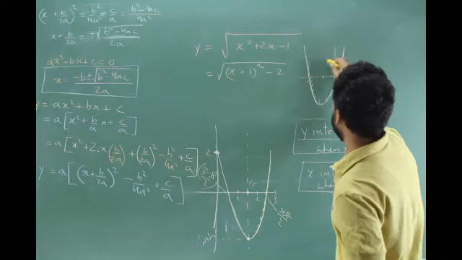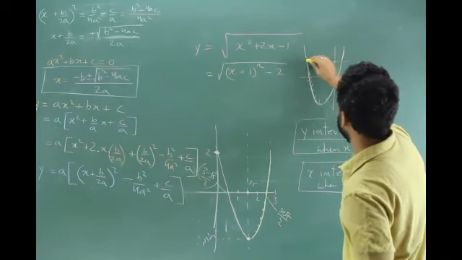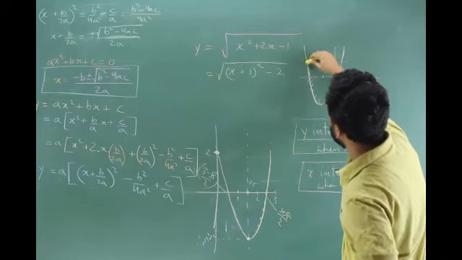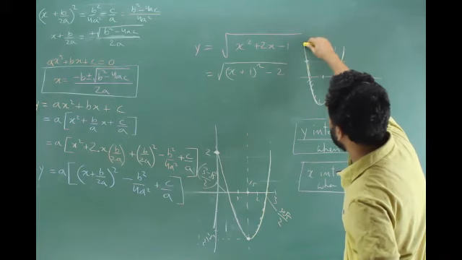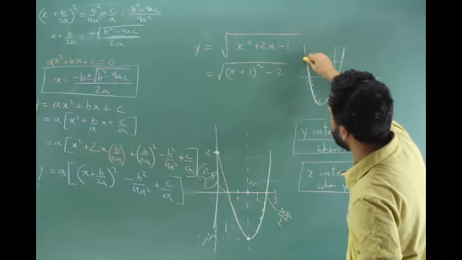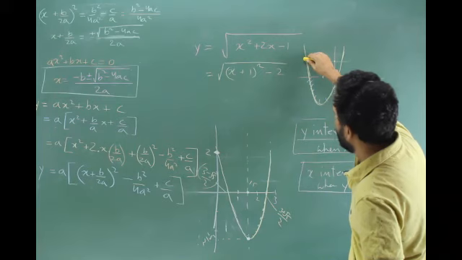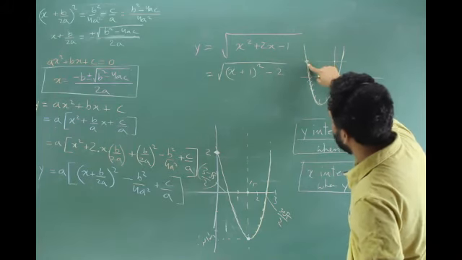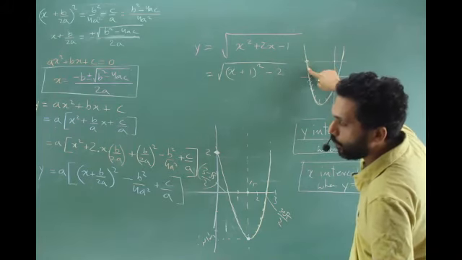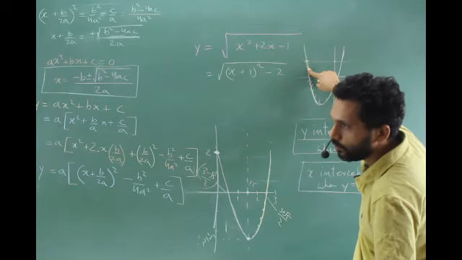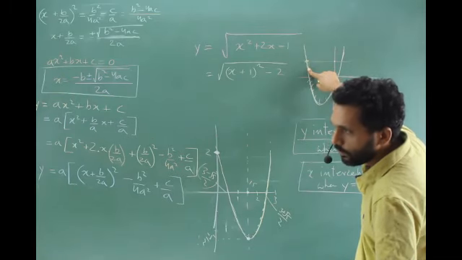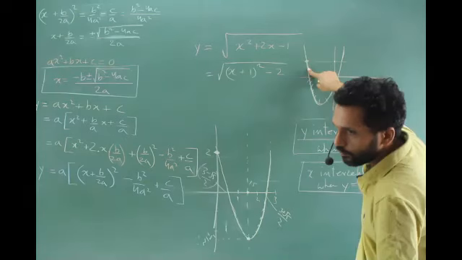Of which, if I say this was one height, then when I underroot a thing which is greater than 1, what happens? The value decreases, right? And when I underroot a thing which is less than 1, what happens to the value?